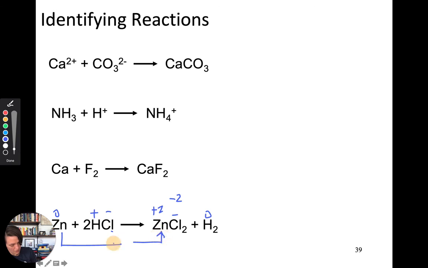That means that its oxidation number went up, so it was oxidized. Right, it lost electrons. Our hydrogen went from positive to negative, which means that it gained electrons and was reduced.